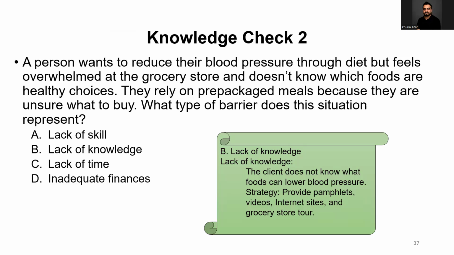The strategy here, as a nutrition counselor, is to provide pamphlets, videos, internet sites, and a grocery store tour to help them gain sufficient knowledge when they want to purchase food from grocery stores.